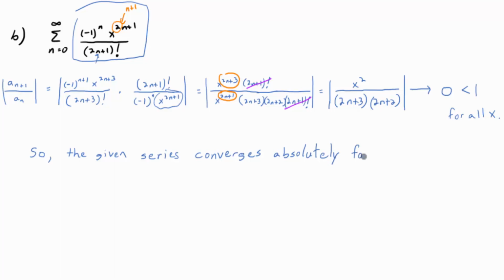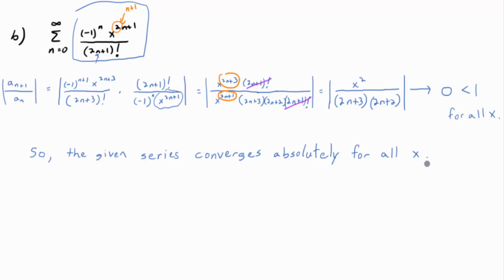Now the context here is which x values does it converge for? For all x. That won't always be true in every example. So for all x, for every series that won't be true, but for this one it is. So the given series converges absolutely for all x.